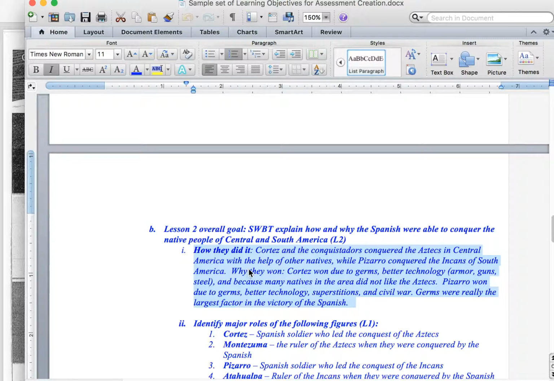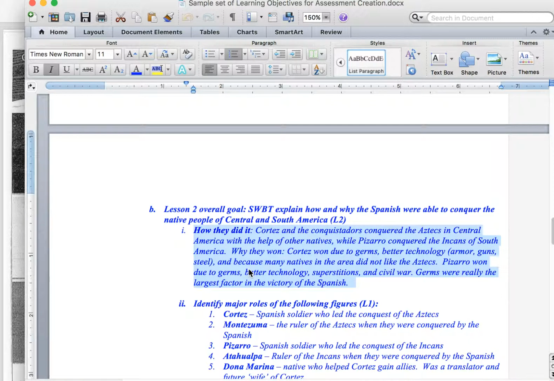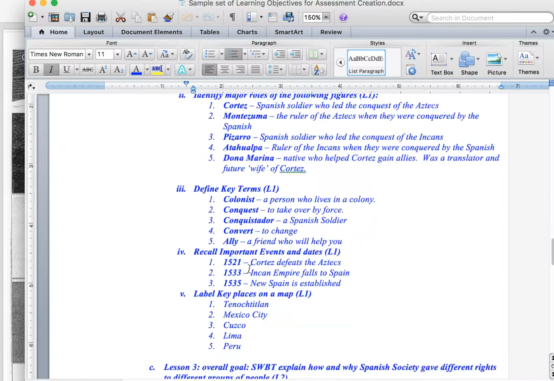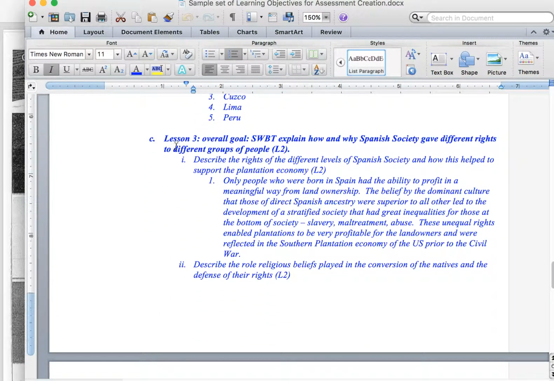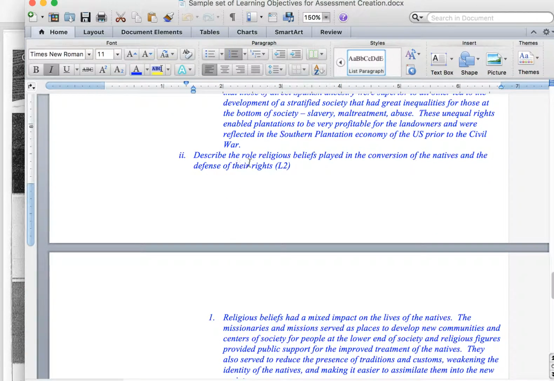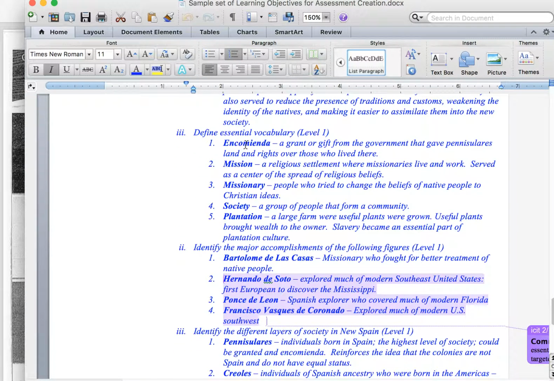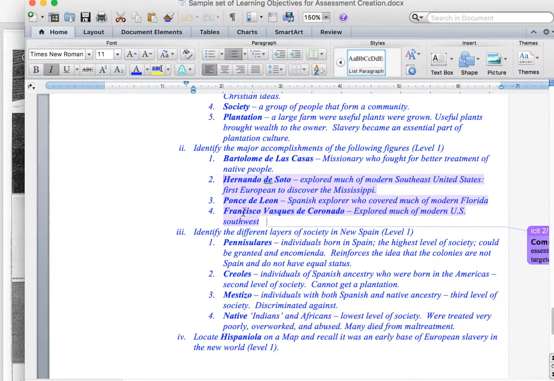In this case, why the Spanish won. What actually happened? How did it play out? Lesson 3 is about why they established the society that they did. What role did religious beliefs play? Again, key people, key terms, concepts, some details about how society was structured, and so on.